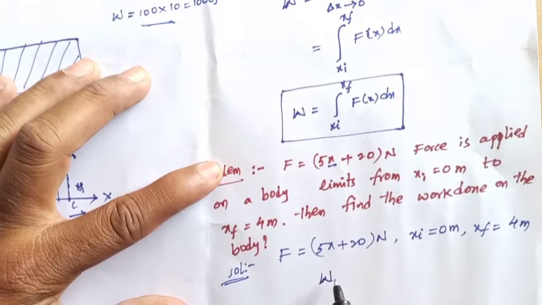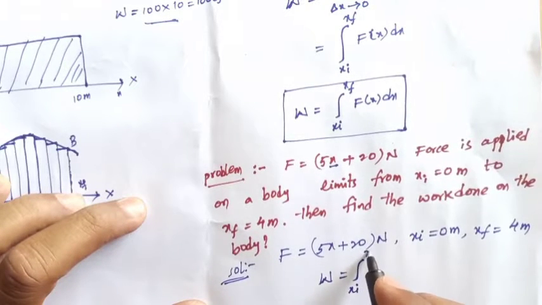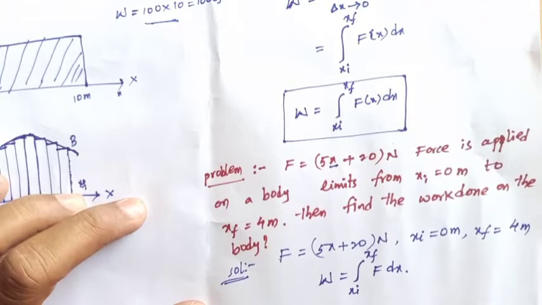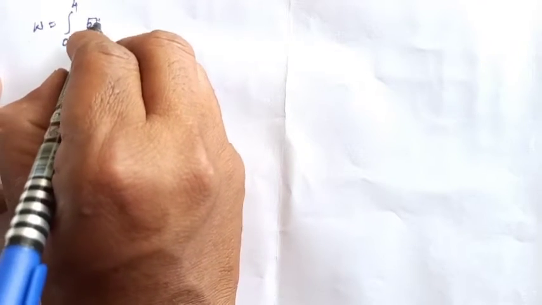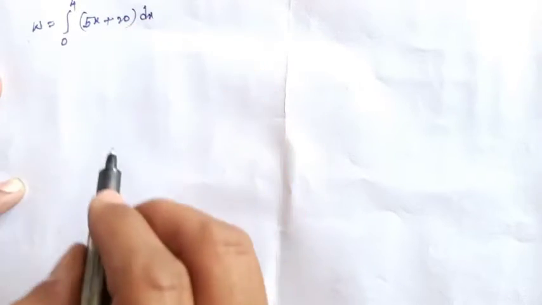The work done on the body, W equals integration from xi to xf of f of x dx. We can substitute the values. So W equals integration from 0 to 4 of 5x plus 20 into dx.